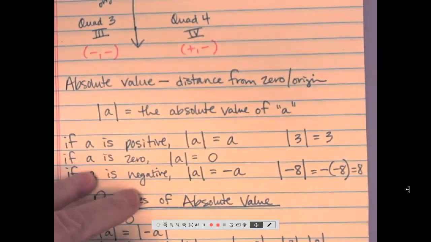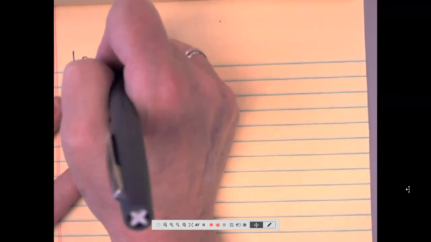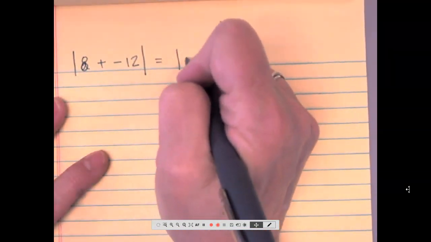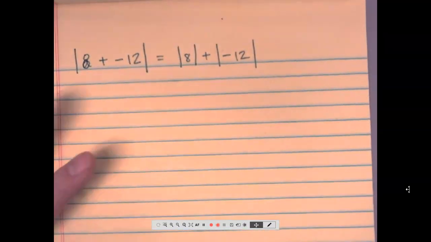Turn the page. All right. So we talked about multiplication and division being a fraction, but let me ask you this. Let's use a real number: is 8 plus negative 12 the same as the absolute value of 8 plus the absolute value of negative 12?